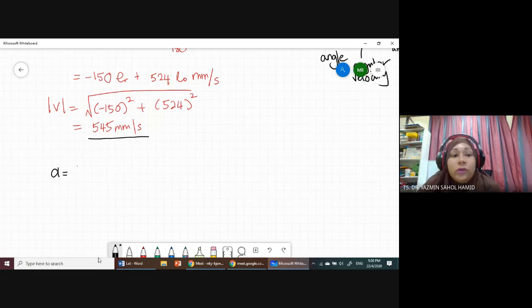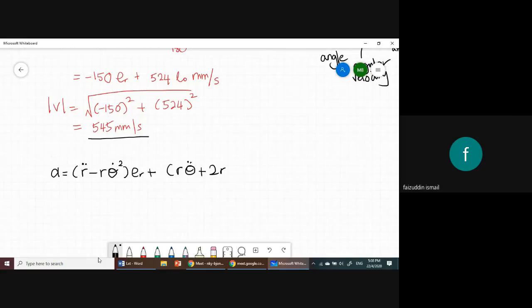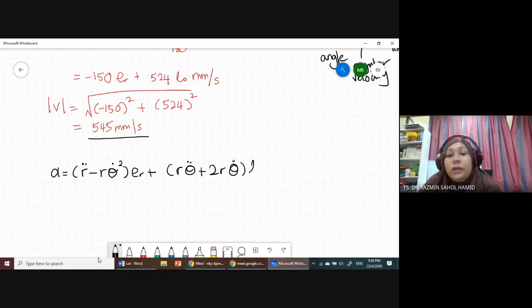Acceleration will equal to (r double dot minus r theta dot squared) plus (r theta double dot plus 2 r dot theta dot). Now, what is our r double dot?